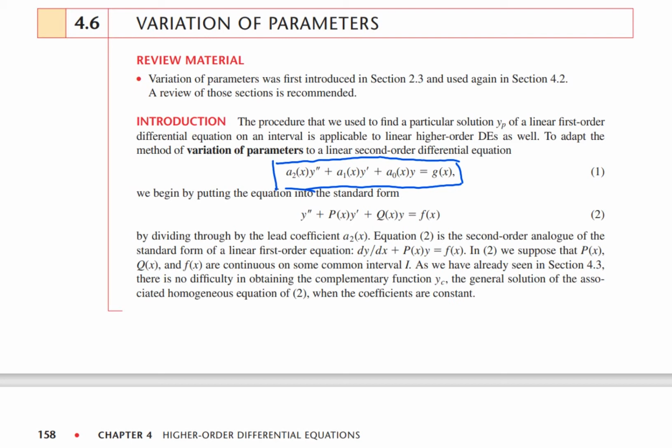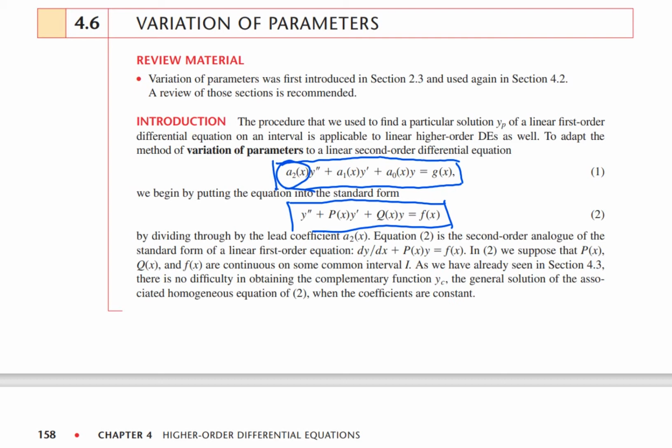For that reason, it's very important to put the equation first into its standard form. Whatever the leading coefficient a2 of x is, just divide through by a2 of x so that you get a coefficient of 1 in front of the y double prime, and you're in standard form. The coefficients are going to be very important, and the right hand side might change as well when you've divided by a2. So to make sure you're using the correct right hand side, you must have the equation in standard form.